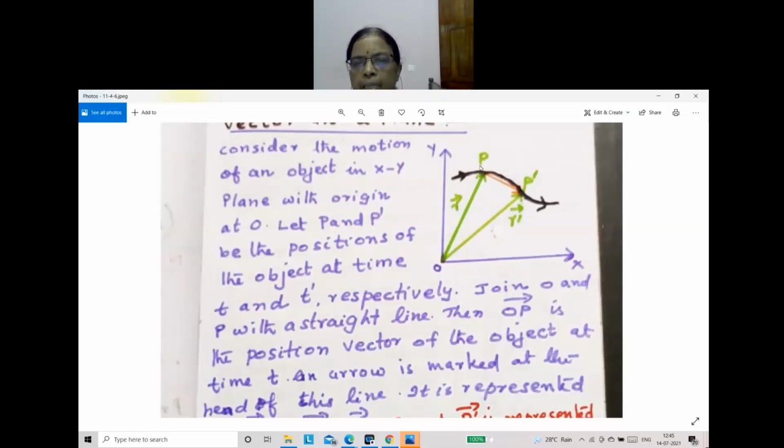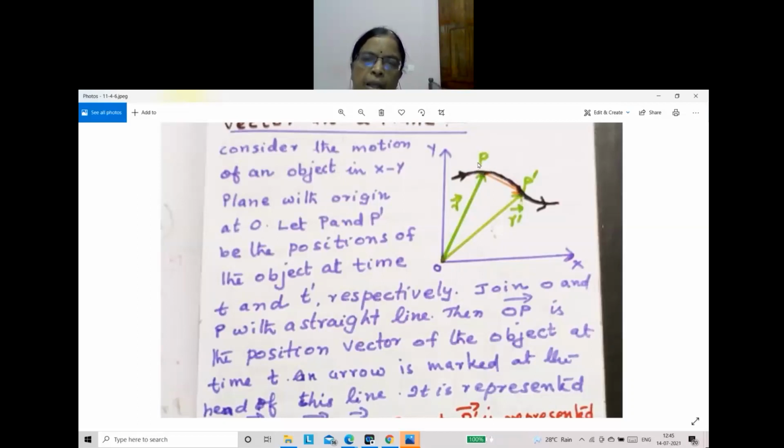Then the body is moved to another point P dash. So at a time T, body is at P, its position vector is drawn from origin to the point P, a straight line is drawn and arrow mark is shown. So position vector gives us two things. How far it is from the origin, this distance.